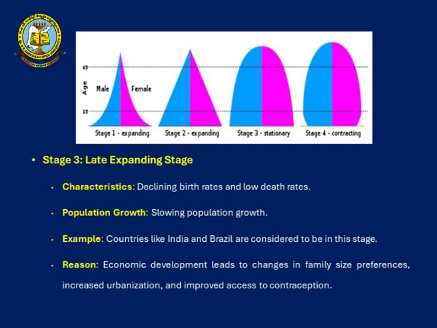Now let me emphasize the reasons: economic development that leads to changes in family size and preference, increased urbanization, and improved access to different methods to control fertility. In this stage, birth rate falls rapidly to perhaps 20 per 1000 people, while death rate continues to fall slightly to 15 per 1000, leading to a slowly increasing population with a natural increase of around 0 to 5 per 1000 people.